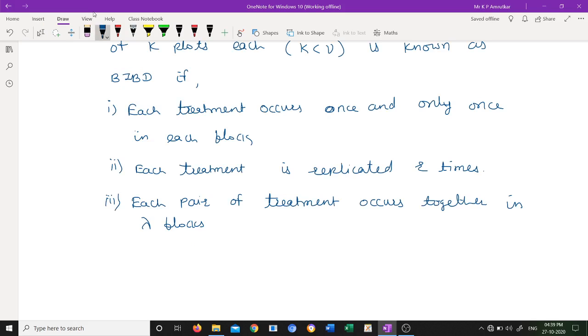This means take any pair of treatments, then this pair will occur together in lambda blocks, where lambda is an integer.